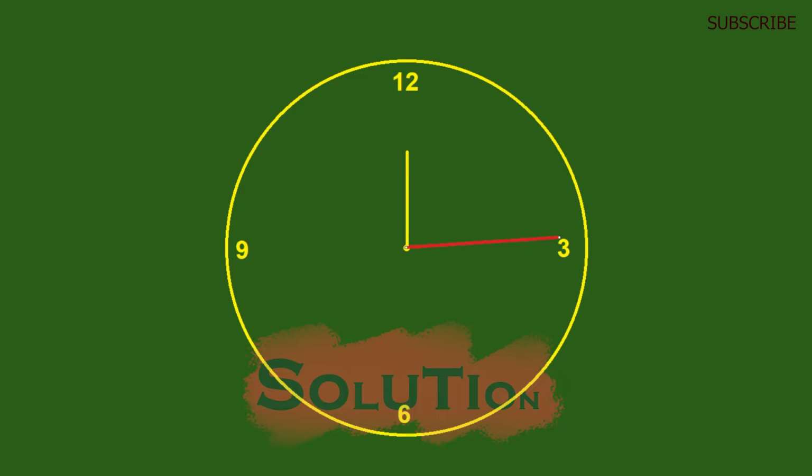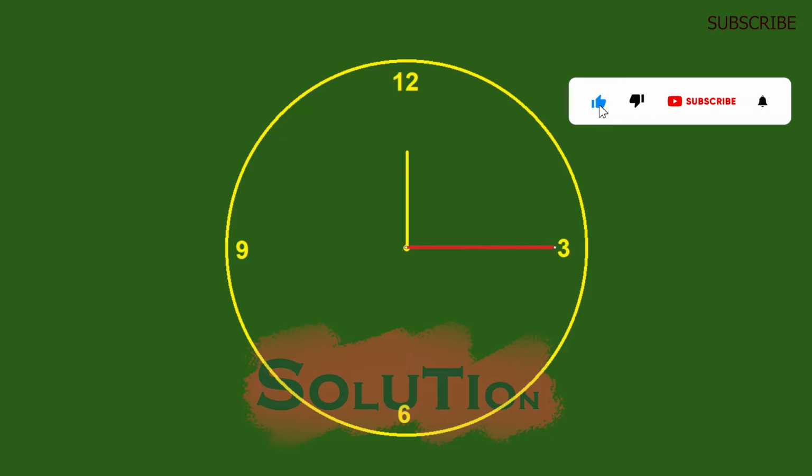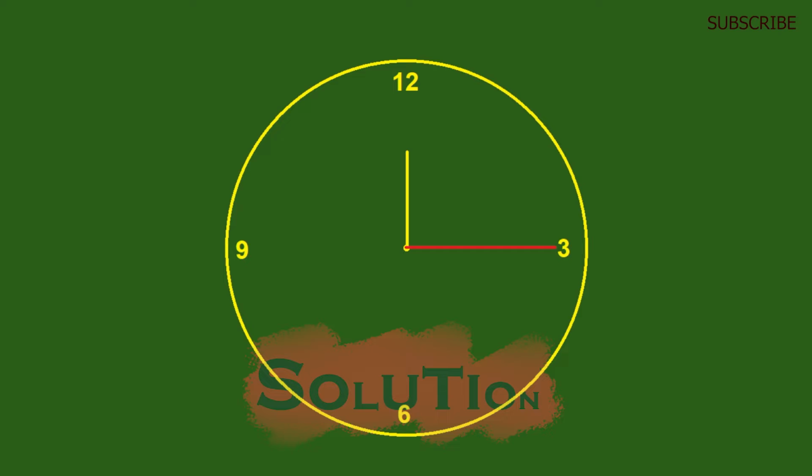Let me show you here. This is my 1 L. Then this is my another L. And this is my another line. You can see clearly there are 4 L's.